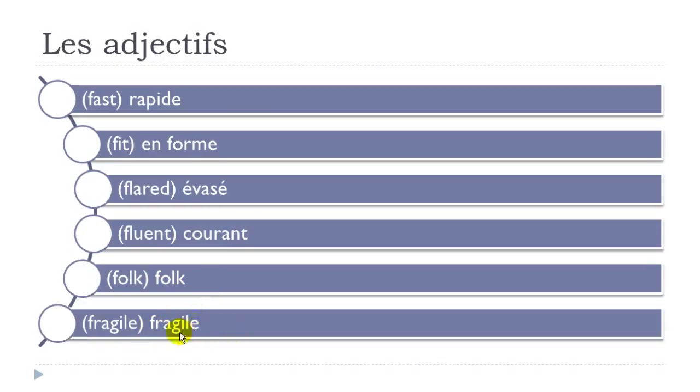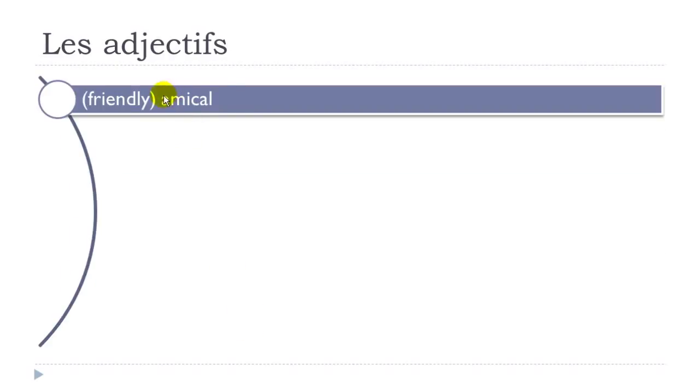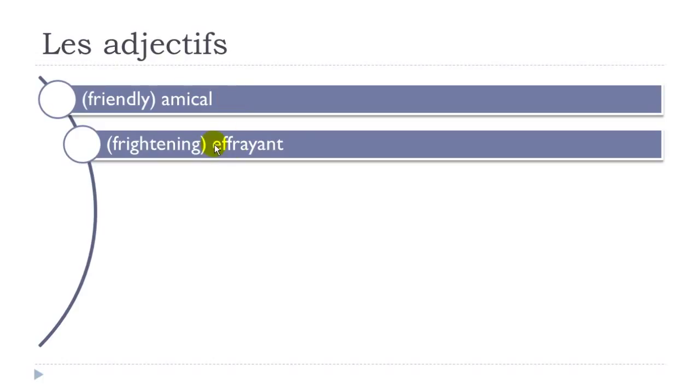Okay, final E not pronounced, and then when you get this G and I, J. Fragile. Amical. Effrayant. Okay, so final T not pronounced. Effrayant.